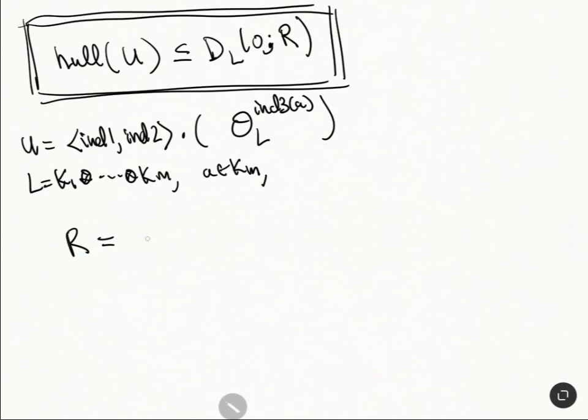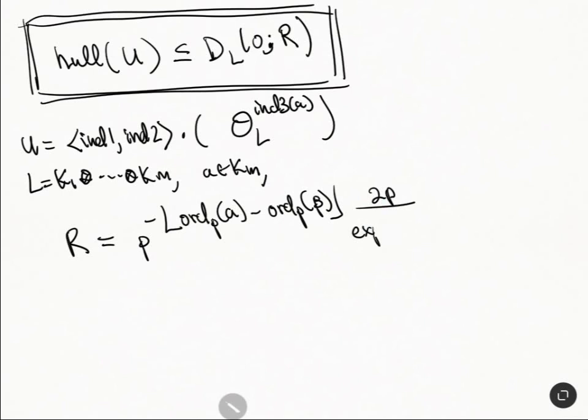so it's P to the minus ord P of A minus ord P of beta. So this is this different term, and then we have that this is 2p over x1 natural log of p.